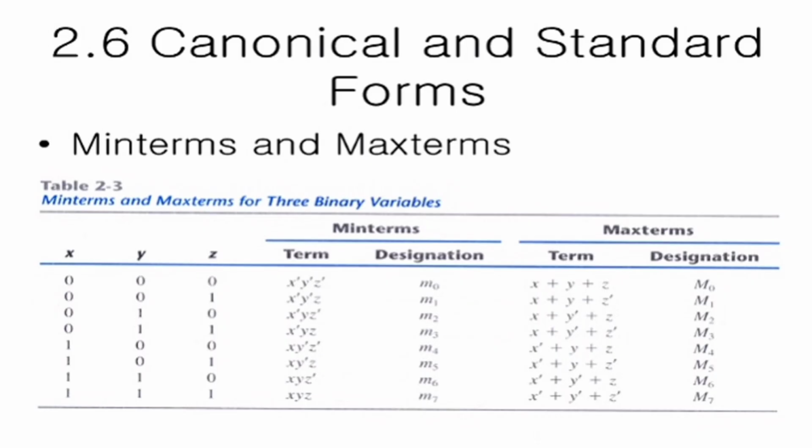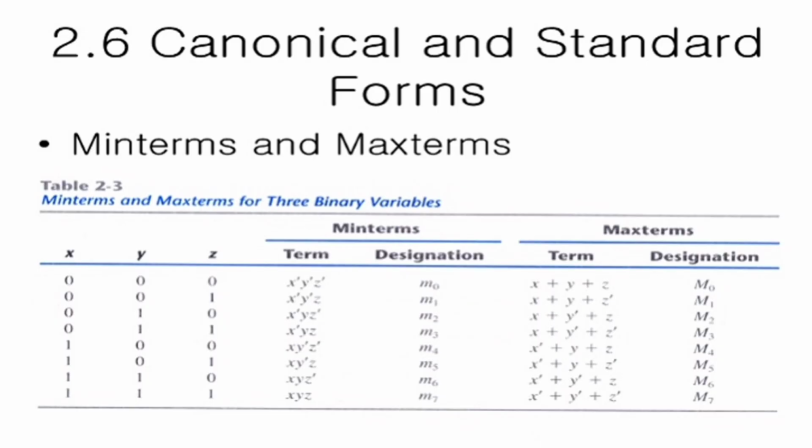Next, 0, 1, 1: X bar, Y, Z. Next, 1, 0, 0: X, Y bar, Z bar. Next, 1, 0, 1: X, Y bar, Z. Next, X, Y, Z bar. Next, X, Y, Z. We have to represent these with the designation small m, so M0, M1, M2, M3, M4, M5, M6 and M7.